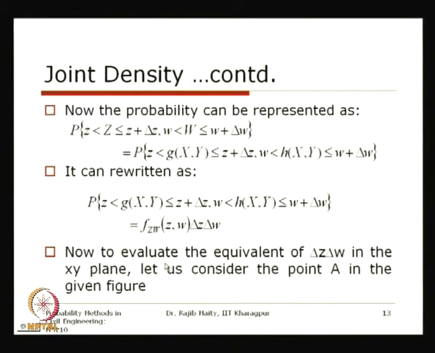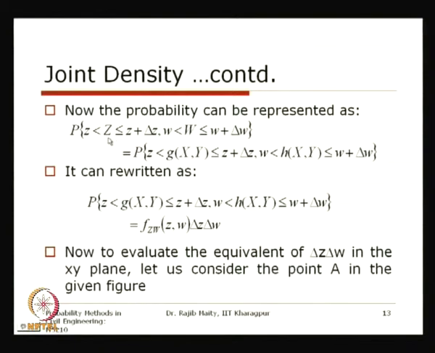Now, from the concept of probability, we can express the probability of Z lying in a very small region between z and z plus delta z. Remember, as I told earlier, that the capital letter is the random variable and the lowercase letters are the specific values.